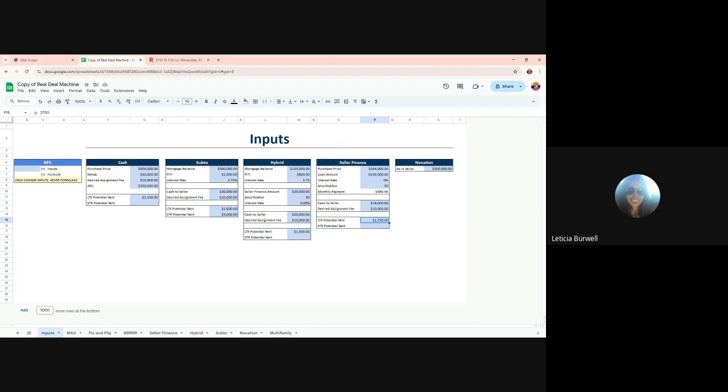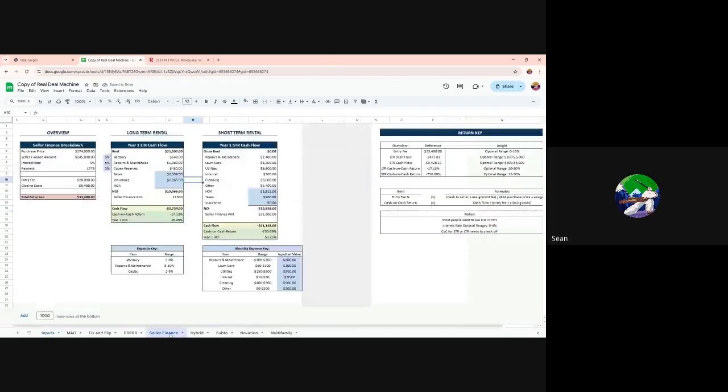It's at 764, so should I put 700? Yeah, put 700. And then what's the rent? The rent is 1,779. So what should I put, 1,800? Yeah, 1,800. All right.